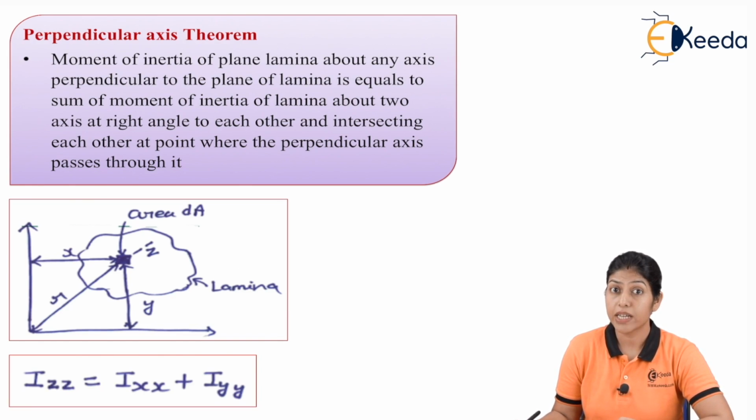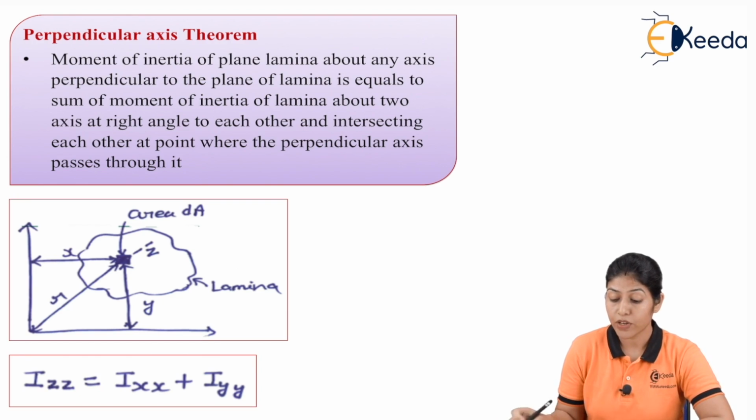It means if we are taking the z axis, it will be equal to the sum of the moment of inertia of the lamina about the x-axis and the moment of inertia about the y-axis, because the x-axis and y-axis are perpendicular to each other.